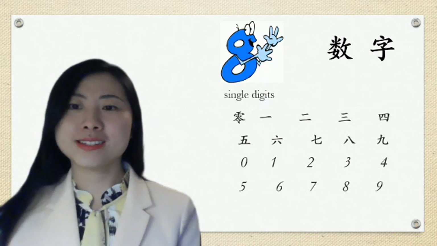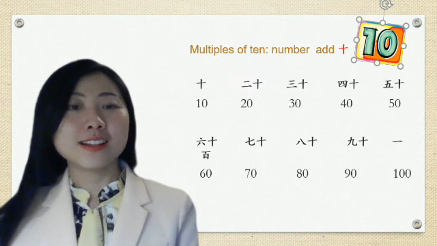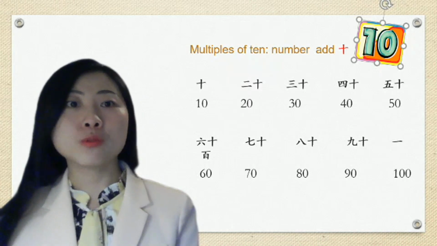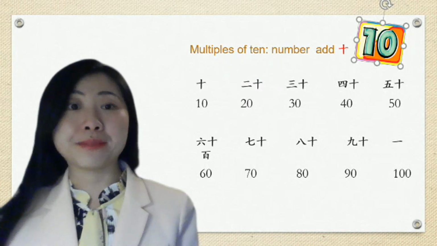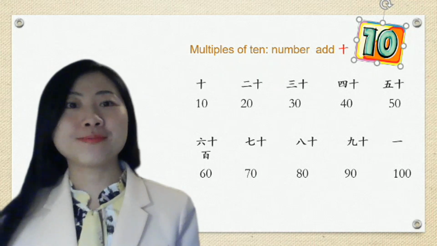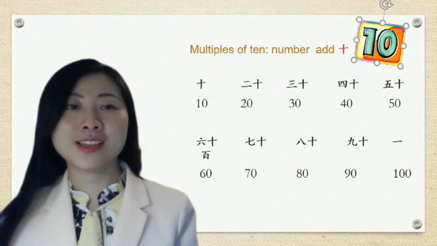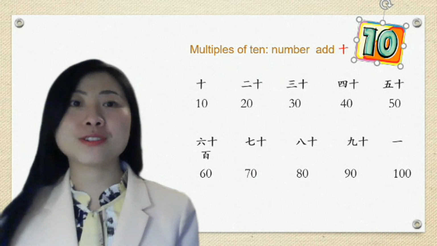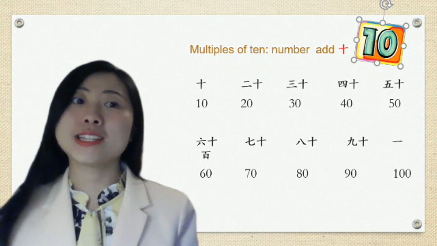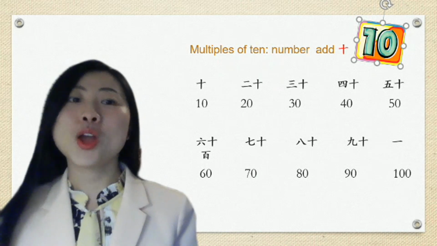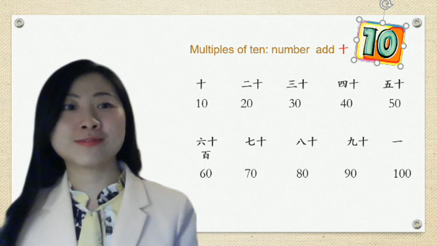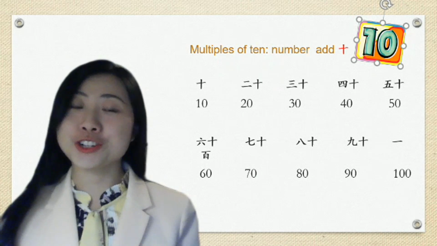Great! Let's learn the multiples of 10. For example, 10, 20, 30, 40, 50, 60.